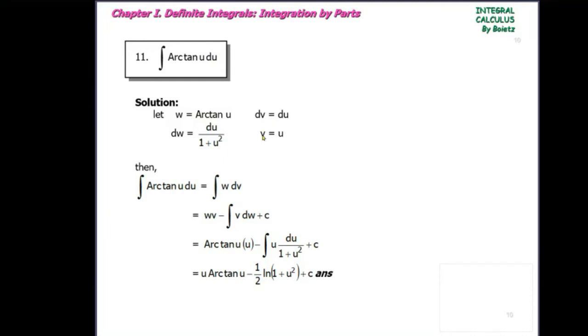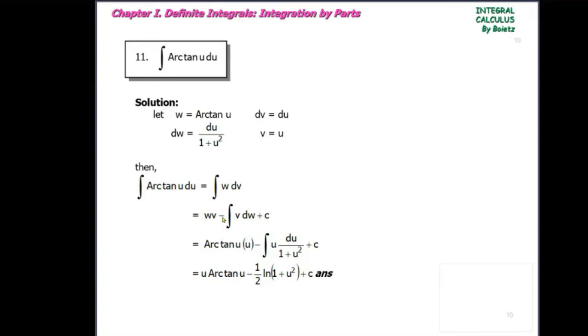Kaya yung v mo is equal to u. Then, arctan u du is equal to integral of w dv, or wv minus the integral of v dw. Pinalitan ko lang yung u ng w. Yung formula natin, uv minus integral of v du. So, para hindi nakakalito, pinalitan ko lang yung u ng w.